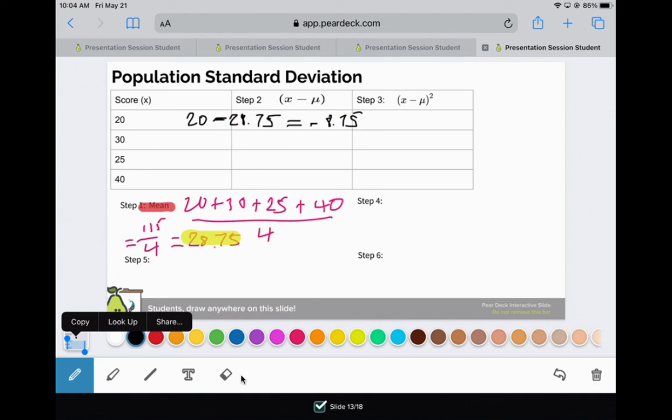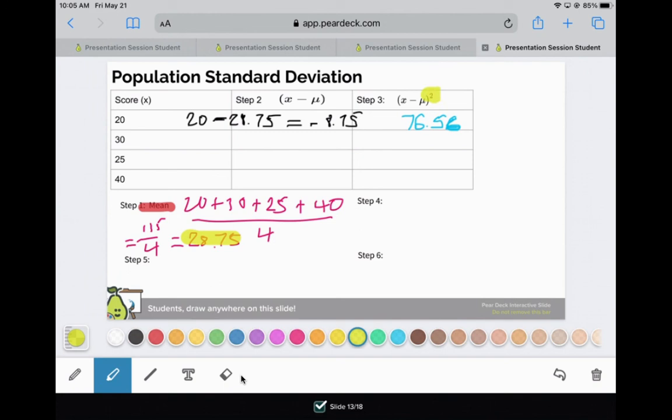So that would give me 76.56, but I want to round to 2 decimals. So I round that. Okay. So this one you square it. You square this value right here. Do the same thing for the next one.